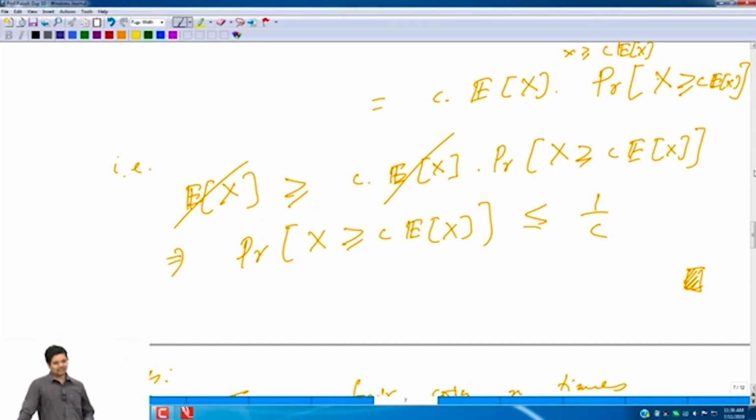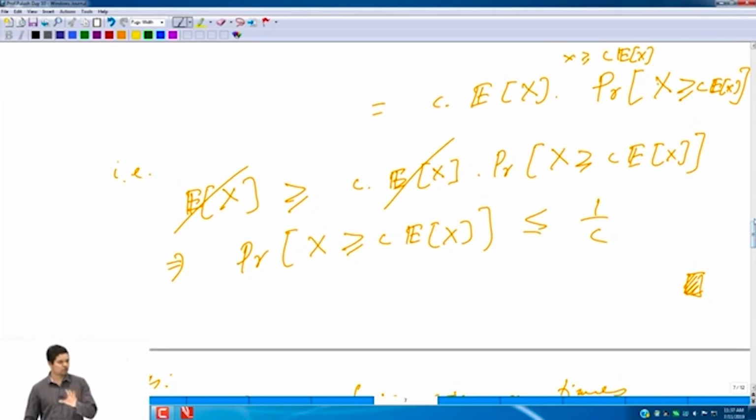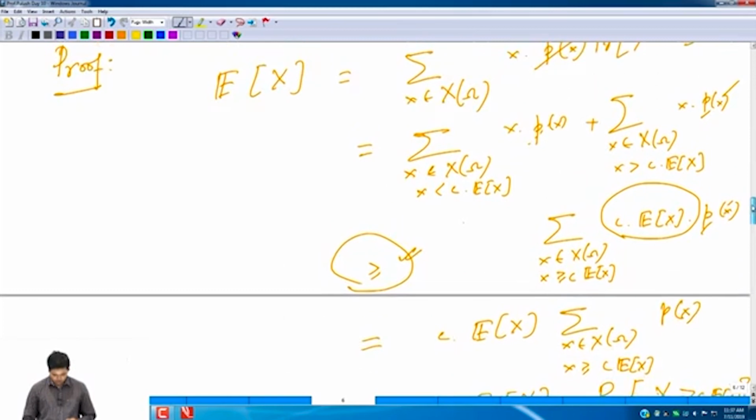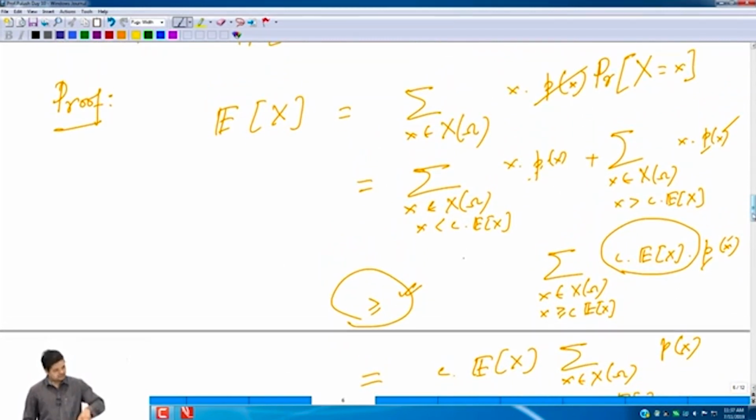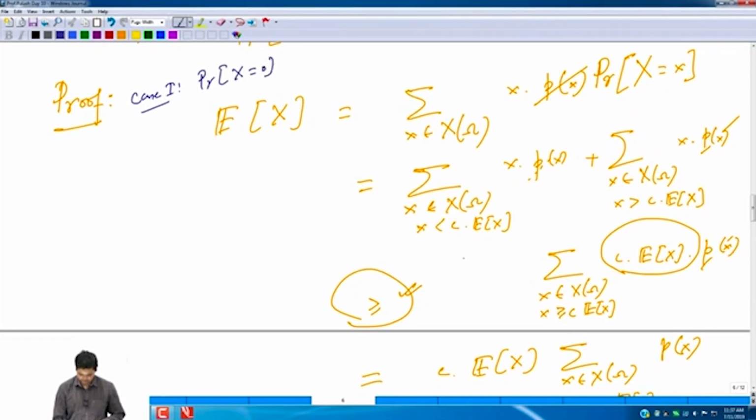So here is the thing. This proof is fine if x is positive; only if x takes value 0 with probability 1, then it fails, right? So if x takes a positive value with some non-zero probability, then expectation of x is positive, and nowhere else are we using this. So for this proof we assume, write it as case 1: probability that x equal to 0 is not equal to 1.